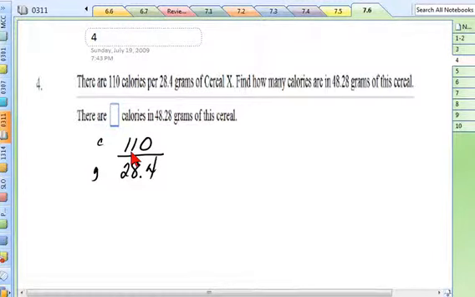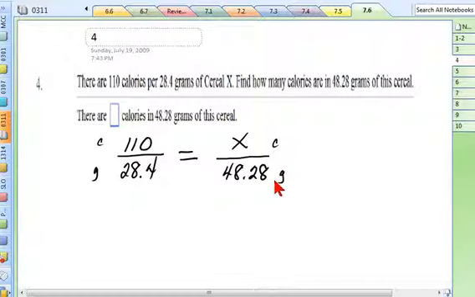So calories to cereal is the way I'm setting this up. Equals. Find out how many calories, well to me it sounds like they just told me to put an X in the numerator, because that's calories, are in 48.28 grams of cereal.